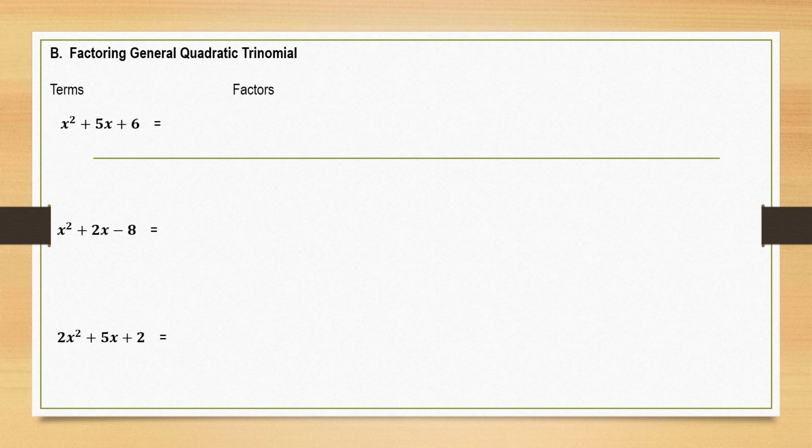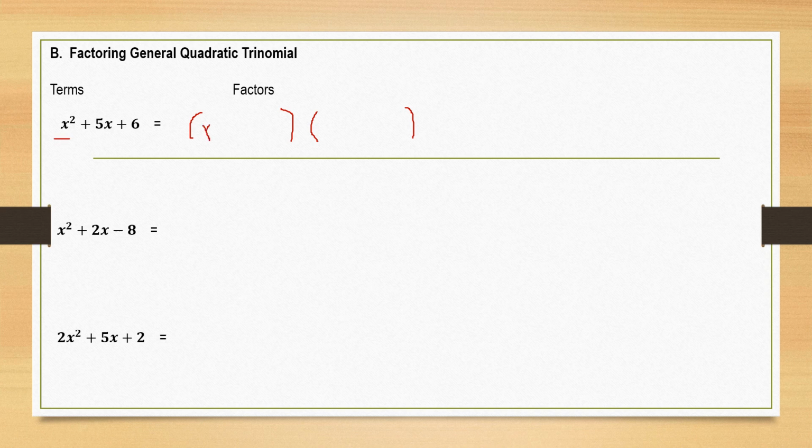Next, we have factoring general quadratic trinomial. First, we have x squared plus 5x plus 6. This is equal to... so what are the factors of x squared?